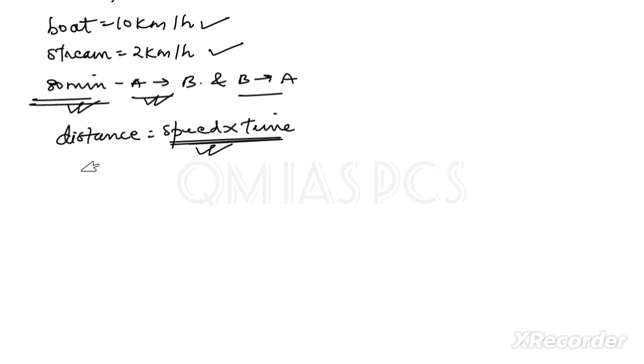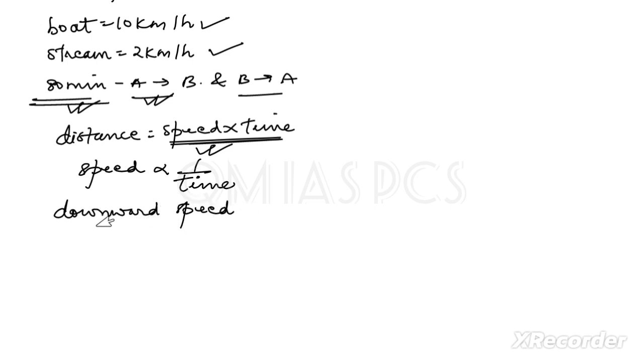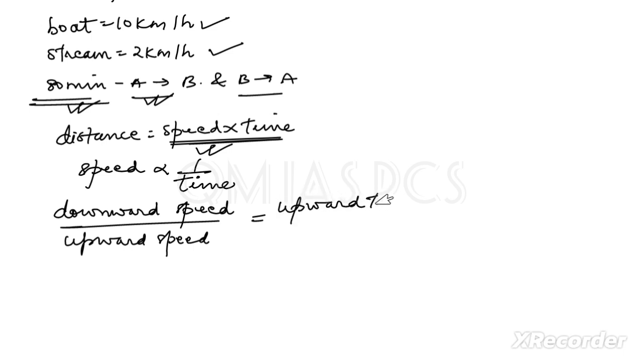Like if I say speed is inversely proportional to time. If the speed is more, time is less. If the speed is less, time is more. Okay, so we can say downward speed divided by upward speed is equal to upward time divided by downward time.